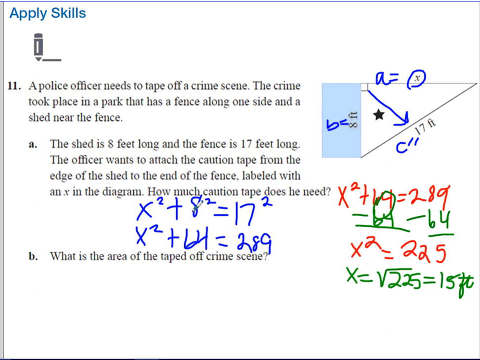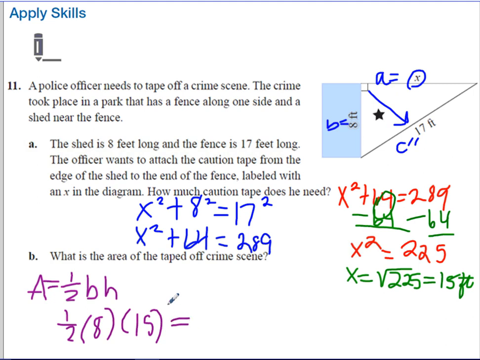Part B asks us what's the area of our crime scene area. And so we know the area of a triangle equals 1/2 times base times height. Remember, the base and the height are perpendicular, so that's the length of our legs. And so we'll do 1/2 times, if we look at the triangle sideways, the base is 8, and the height then would be our 15.